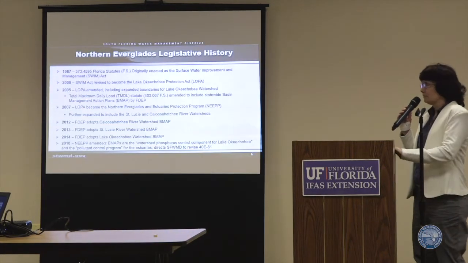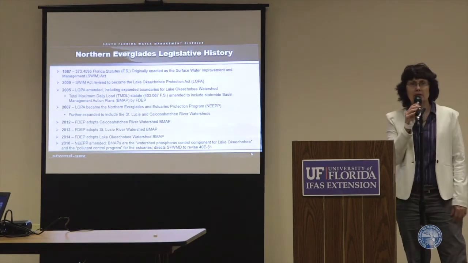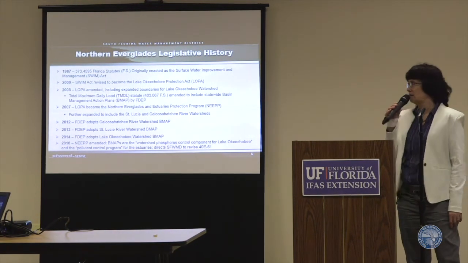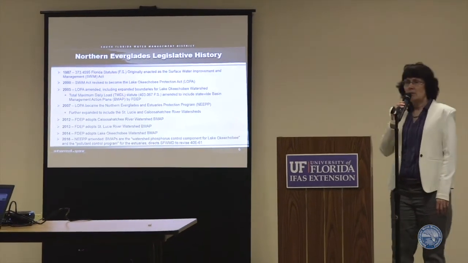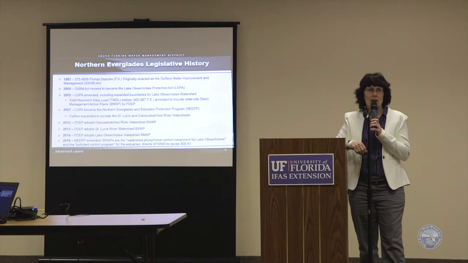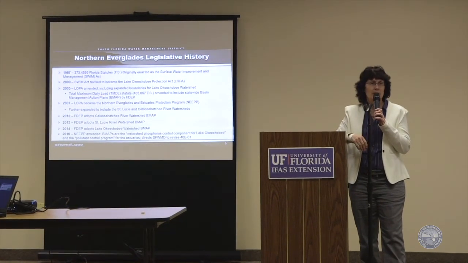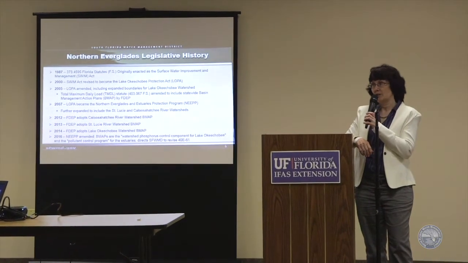Next slide, please. So I want to give you a little bit of the legislative history within these areas. It all began in 1987 when the Florida legislature passed something called the Surface Water and Improvement Management Act.